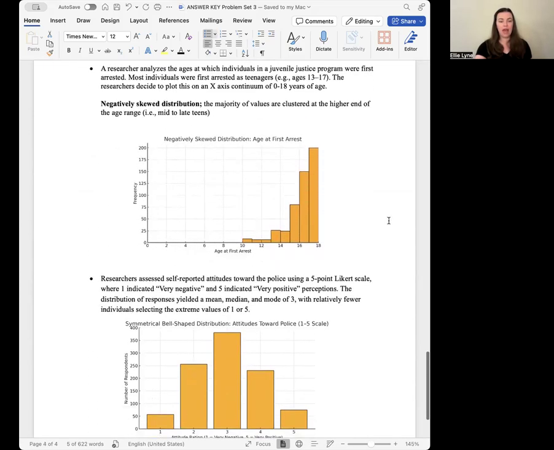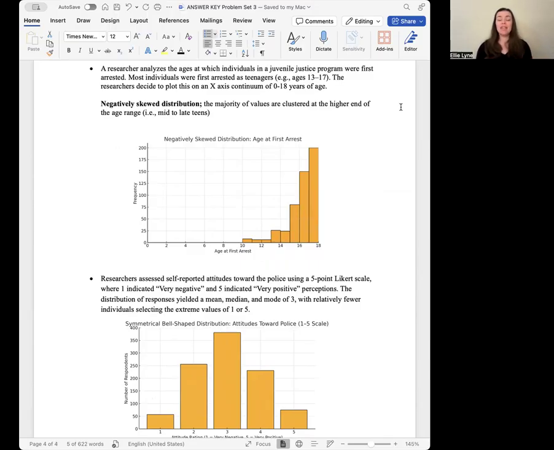Next aspect here is a researcher analyzes the ages at which individuals in a juvenile justice program were first arrested. Most individuals were first arrested as teenagers, ages 13 to 17. The researchers decide to plot this on an x-axis continuum of 18 years, starting off with 0 to 18 years of age.